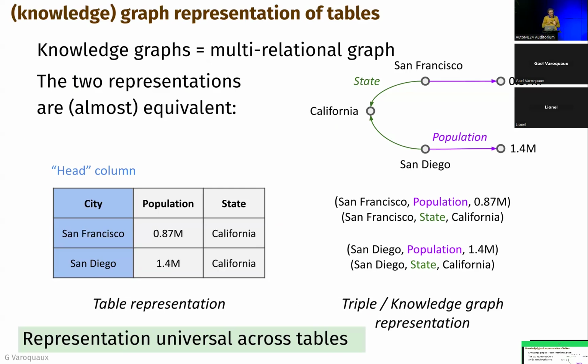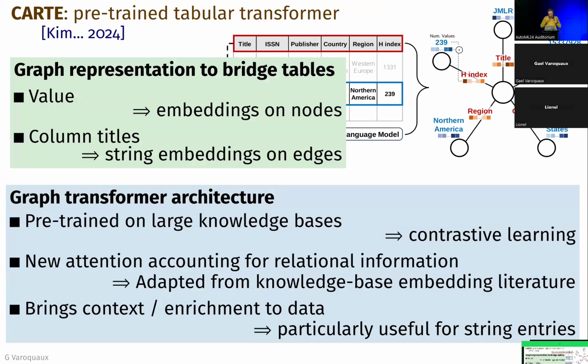We didn't invent this. This is very classic in databases. It's one way of representing data across multiple tables, and it's used in knowledge graphs. We use it because it allows us to represent all kinds of different tables in the same data structure. Once we have this, we use language model embeddings for all the strings, including the column names, and we use a graph transformer architecture.